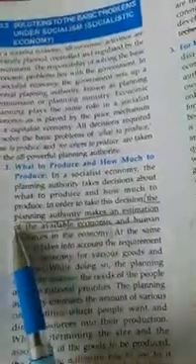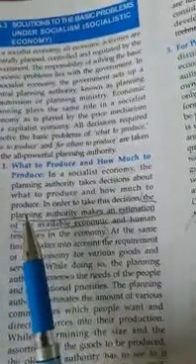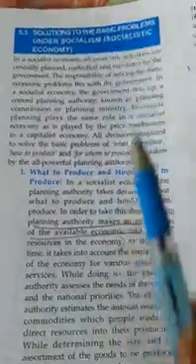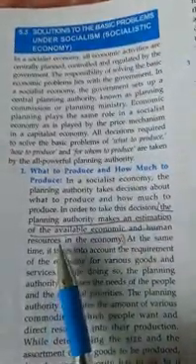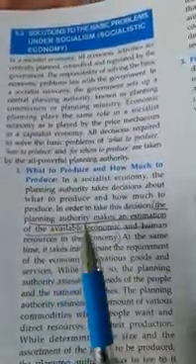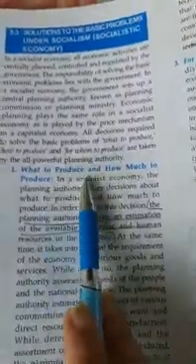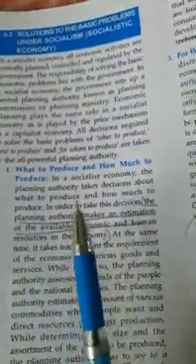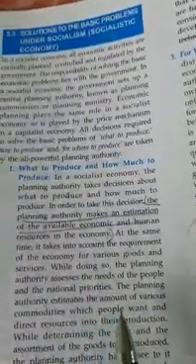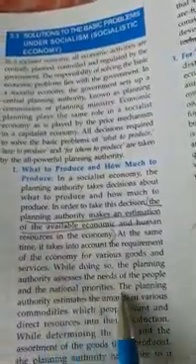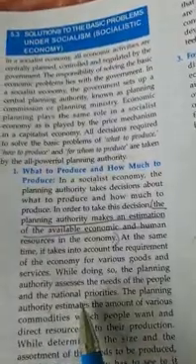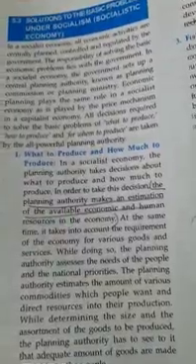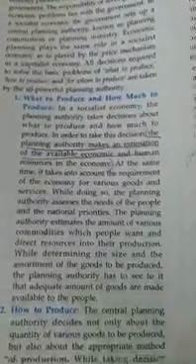They are the prime agency in the socialistic economic system which does central planning, and they determine what amount should be produced in the economy. They will definitely take care of the needs and wants and the national priorities. National priorities, that is, what is important for our nation, must be kept at a very prime level.